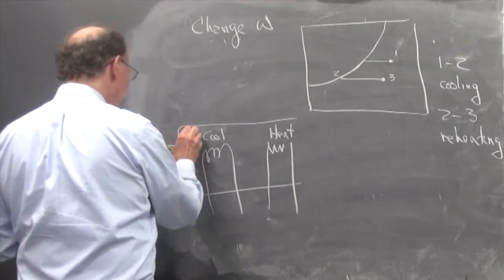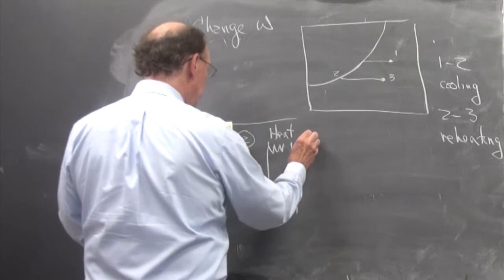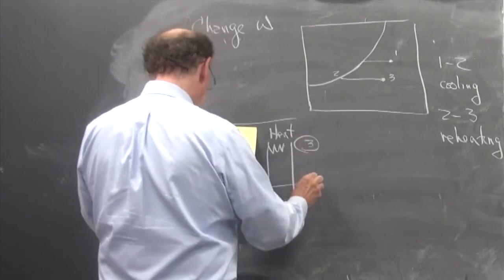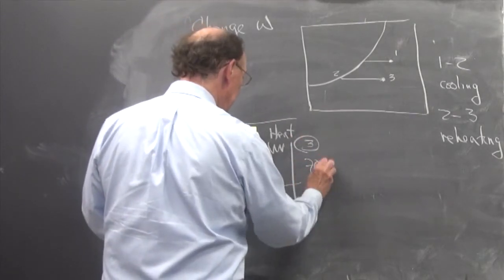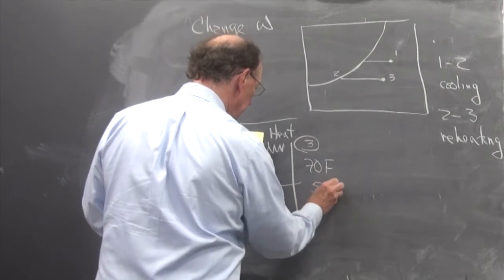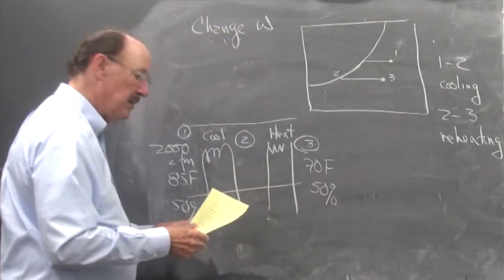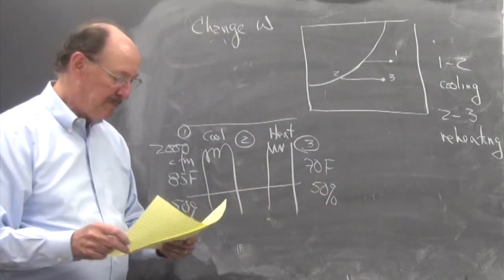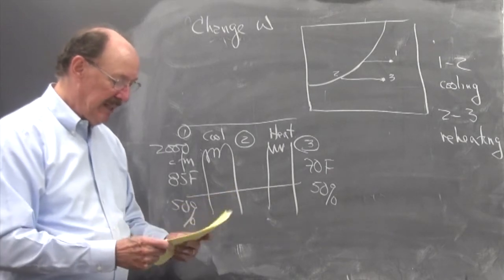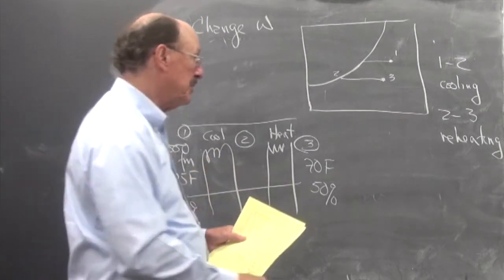This is state 1, state 2, and state 3, which is what I wanted it at, 70 degrees Fahrenheit and 50% relative humidity.